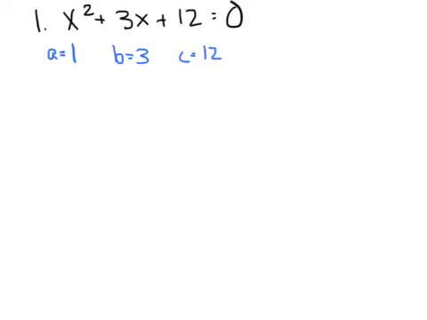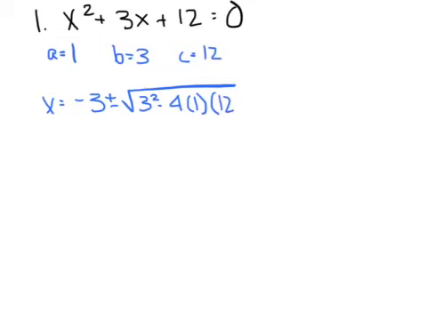Now plug it in. x equals negative b plus or minus the square root of b squared minus 4ac all over 2a. Now, if you want, you can grab a calculator and simplify with a calculator, or you can just simplify by hand.